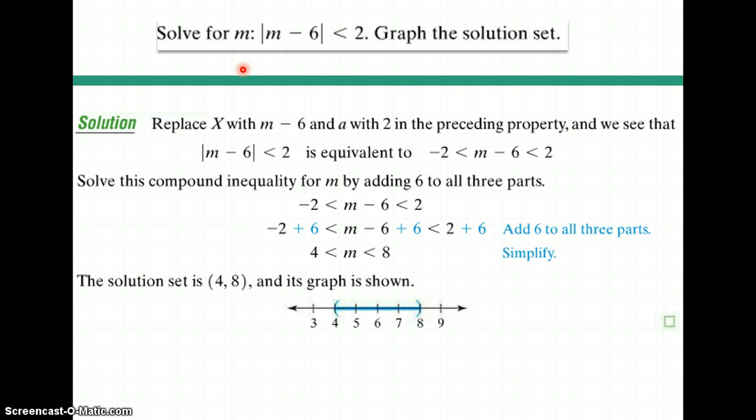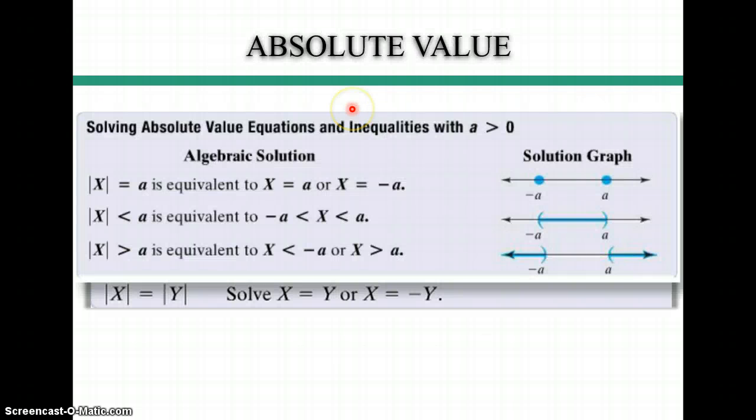Solve the absolute value inequation. Absolute value of m minus 6 less than 2. Look at the absolute value properties. The absolute value of x less than a, which is equivalent to minus a less than x and x less than a.